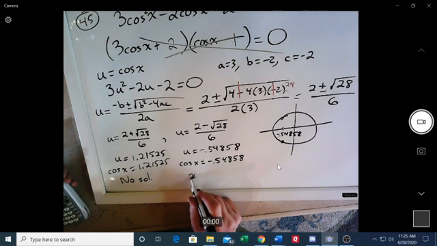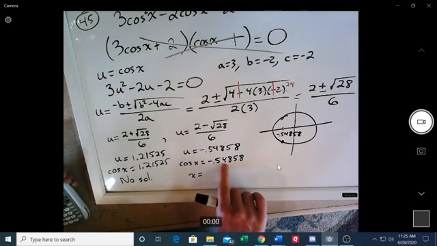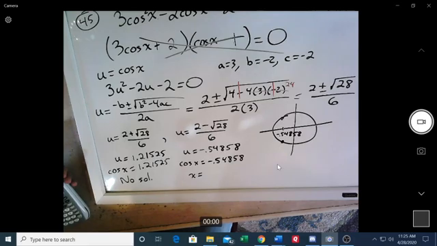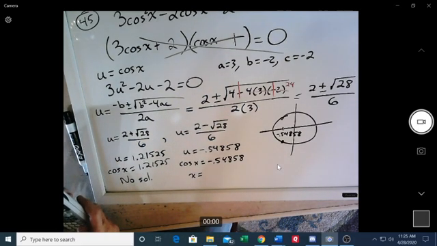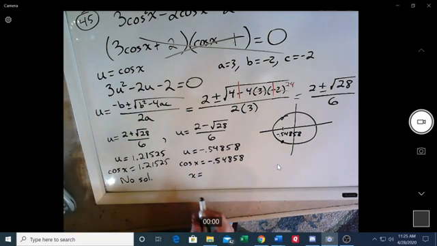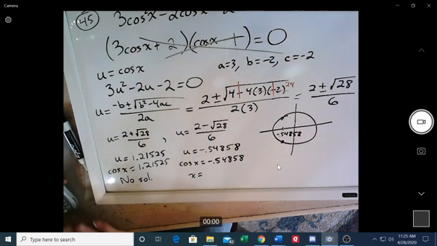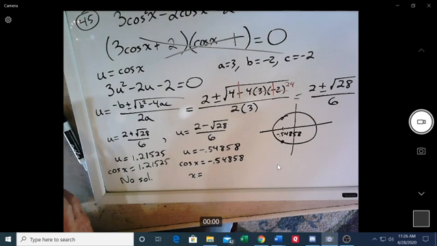So x is equal to, and I get this one, the first one, by typing in the inverse cosine. So I'm going to take the inverse cosine of that, and I get, now, I was in the wrong mode. I came out with 123, but I'm going to check my mode.